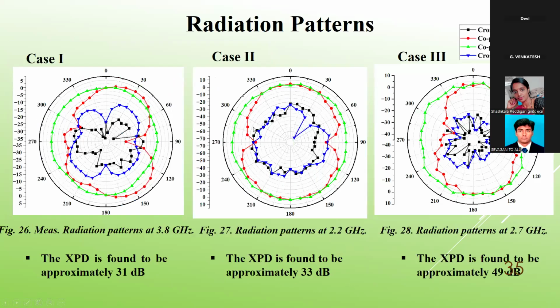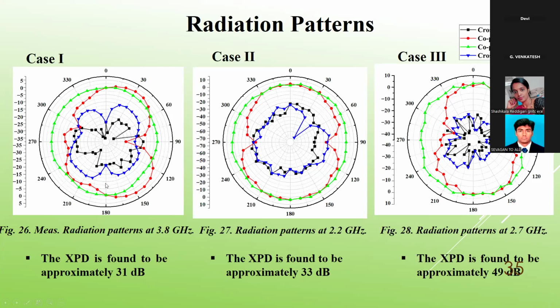So now the 2D radiation patterns, co-pol and cross-pol levels. These are all the measured radiation patterns. Here legends are there: cross-polarization YZ plane, co-polarization YZ plane. The colors are defined here, black and red, then green, blue.